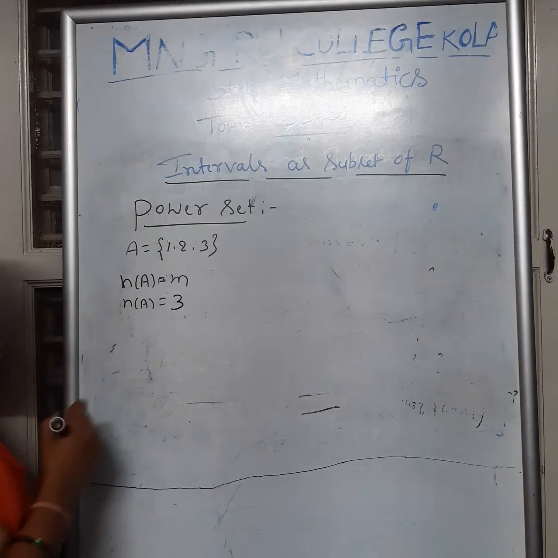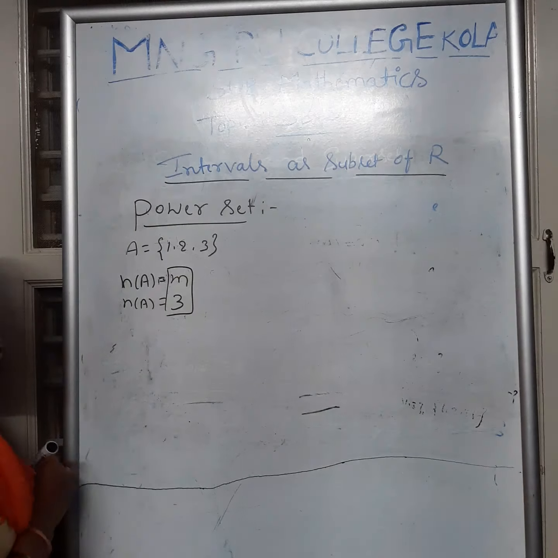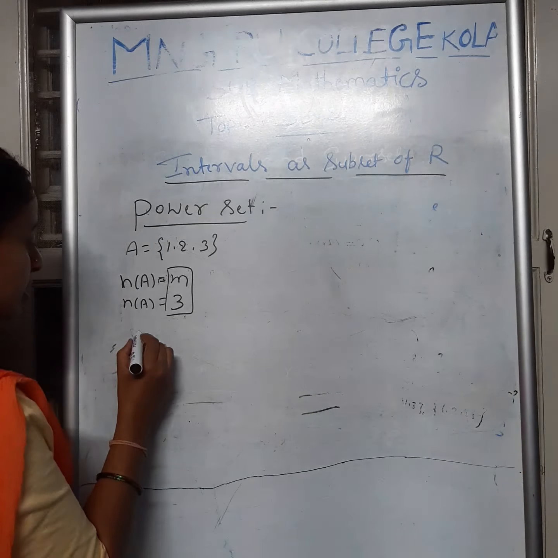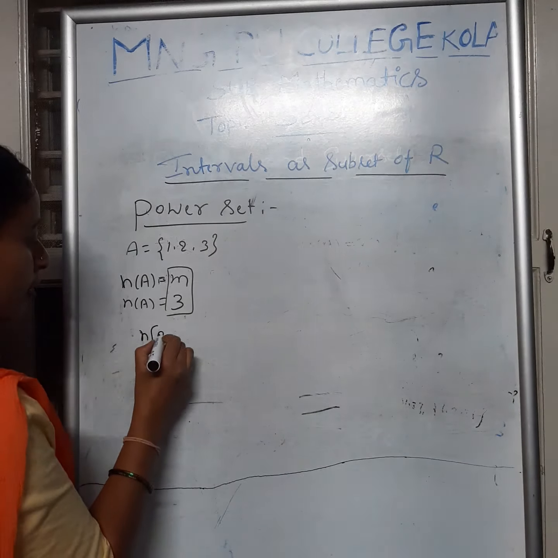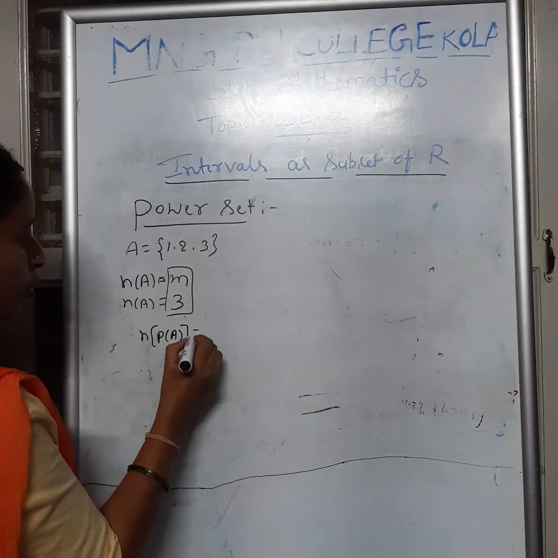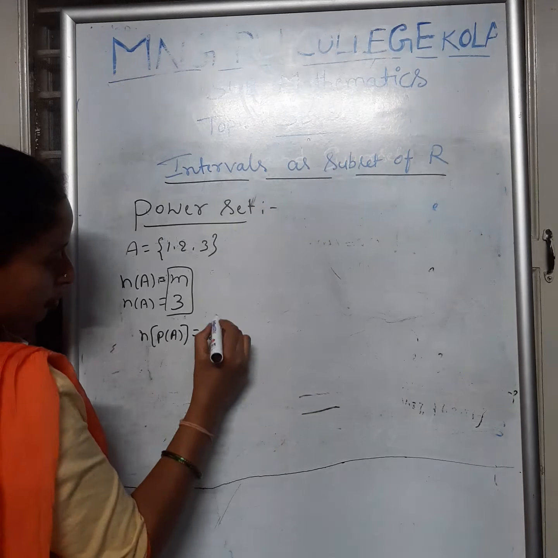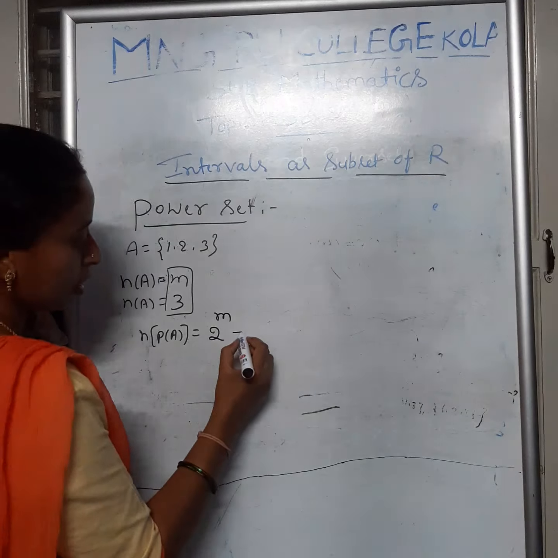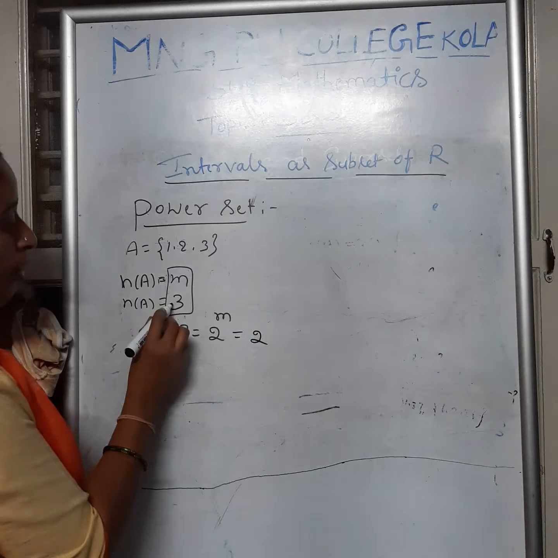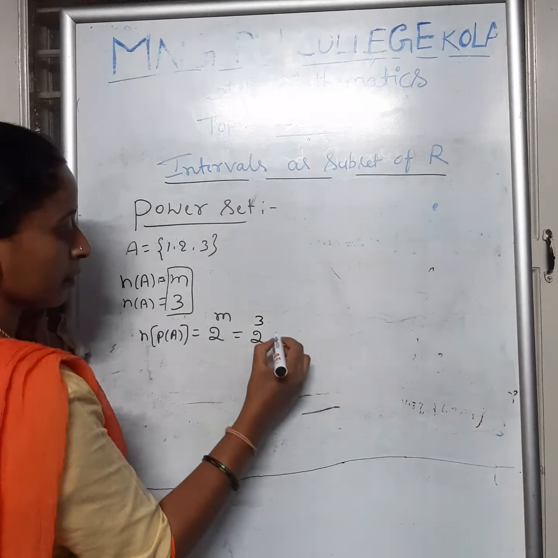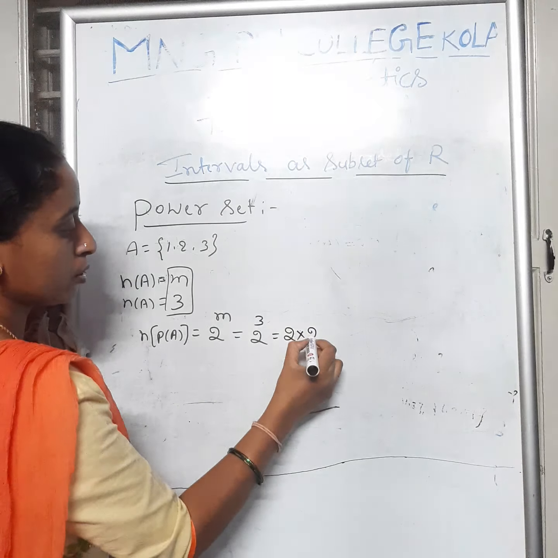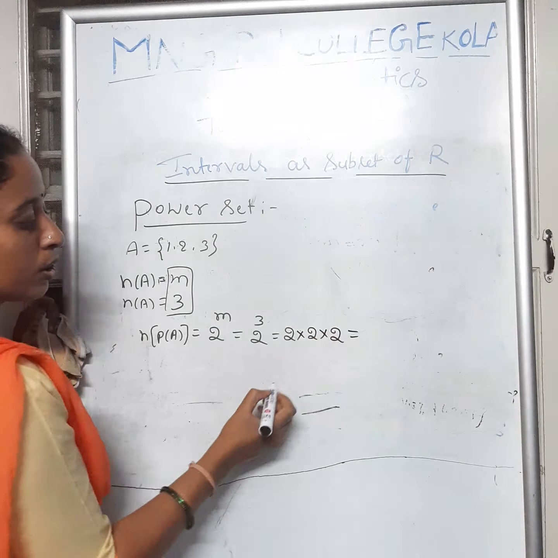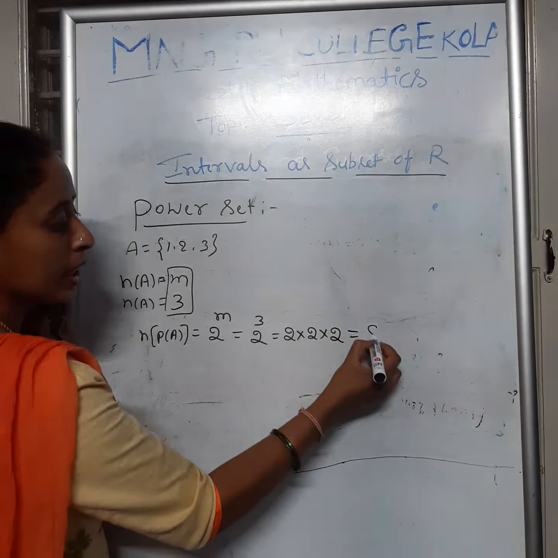The m value is 3. Next, the number of elements in P of A equals 2 to the power of m. So that equals 2 to the power of 3, which is 2 into 2 into 2, equal to 2 to the 4, 4 to the 8.